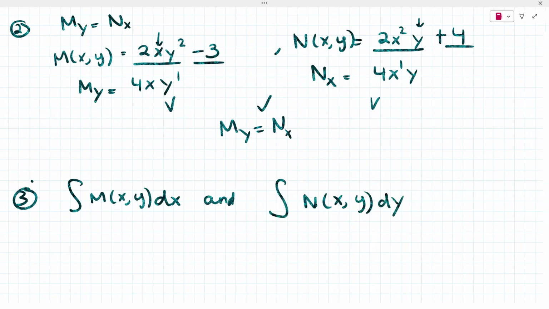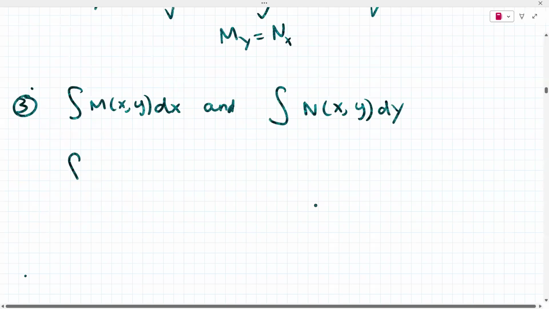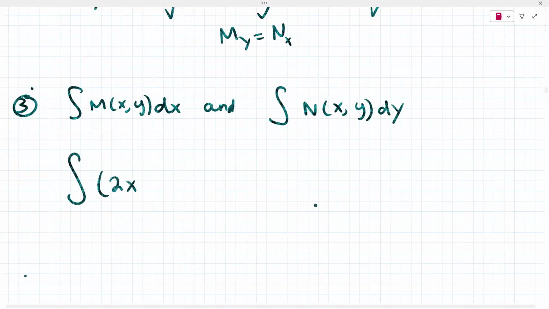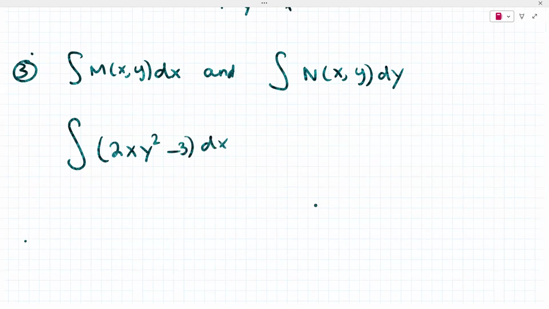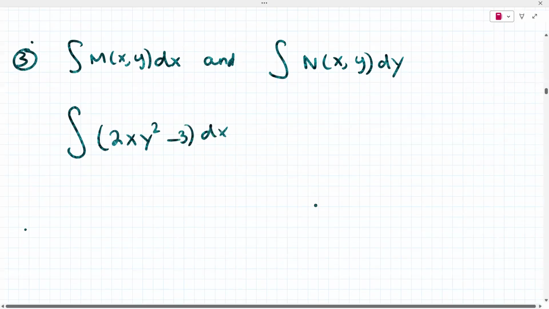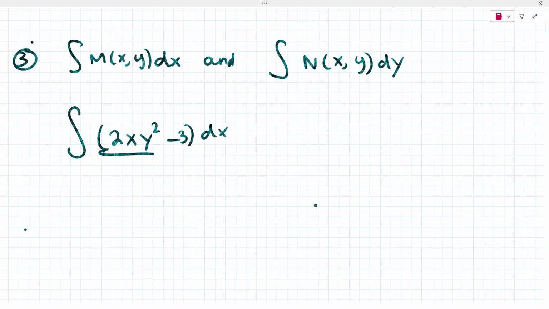Okay, so this is going to be the integral of 2xy squared minus 3, and we take it with respect to x. When I say with respect to x, meaning everything else is just a number. We're not taking the derivative now, right? So this has an x.